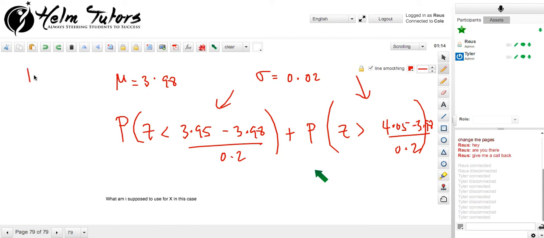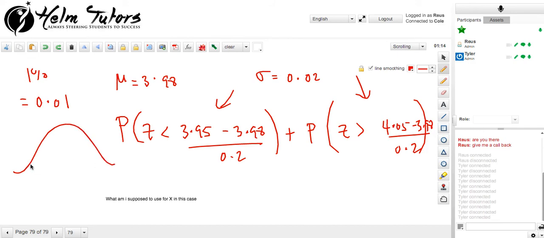We know that 1% is 0.01, but by symmetry the tail could be the left tail and the right tail, so we have to divide that by 2. So the z score that we want is for an area of 0.0005, which is half of 1%.